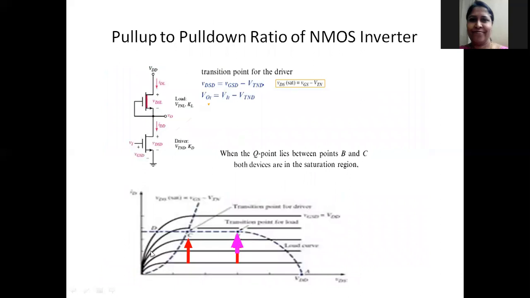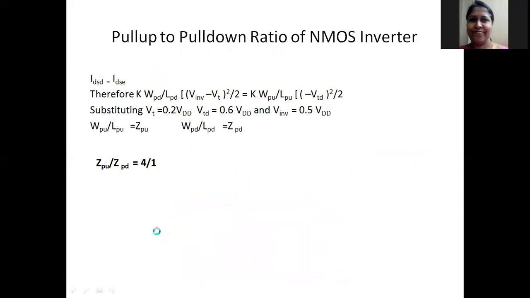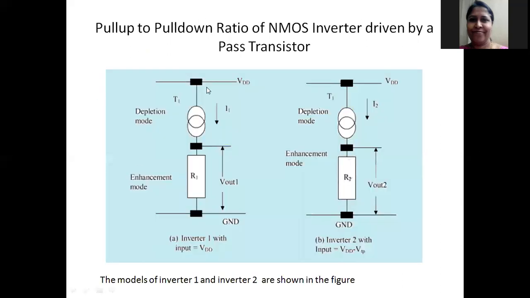When input equal to VDD means you need to consider this curve. So in that case, the operating point is this one, D. So the enhancement device or the driver is in the non-saturation region and the load, which is depletion device, is in the saturation region. So use that to write the model for this first inverter.